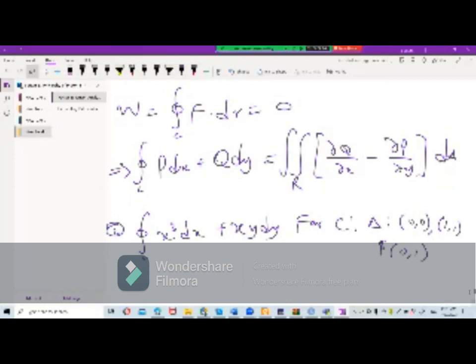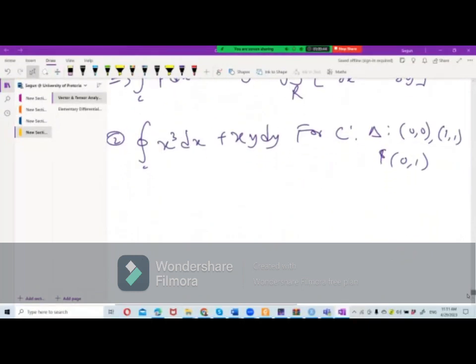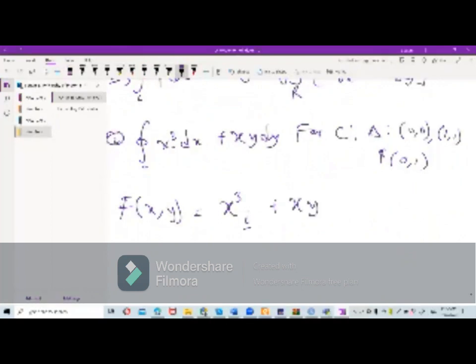In this case, we have our f of x, y to be x raised to the power 3 i plus xy j.